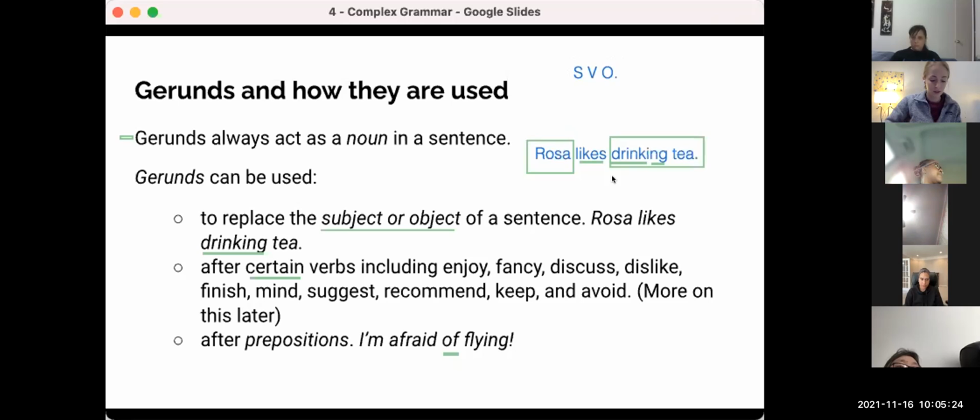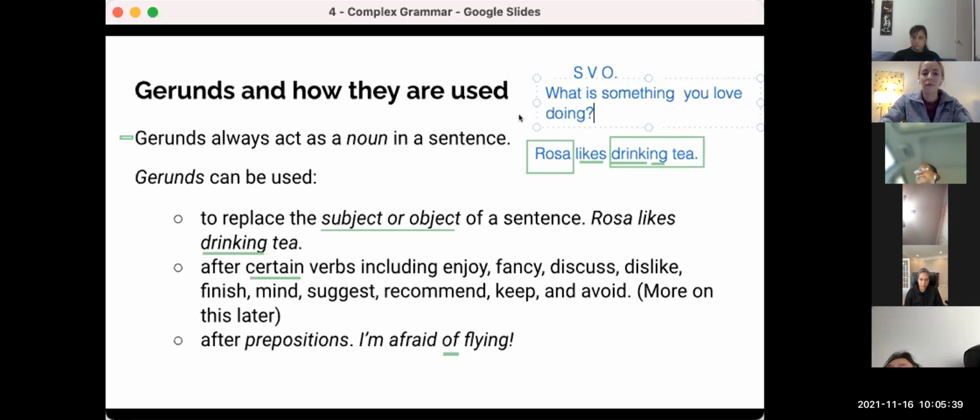We talked about this question at the beginning of class, right? My journal question is, what is something you love doing? And the answers are, I love spending time with family, right?